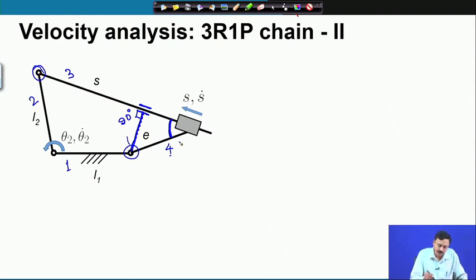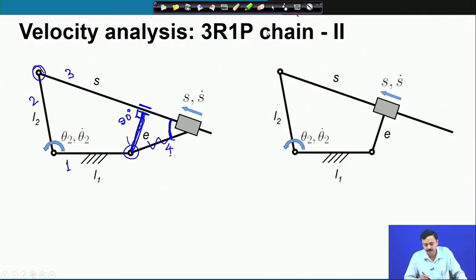So, 3 and 4 are connected by the prismatic pair, and these two revolute pairs are at the ends of links 4 and 3. So, this perpendicular distance is the offset. So, therefore, rather than having this, I can join these two at 90 degree and hence obtain a chain like this, which is equivalent. These two are equivalent.